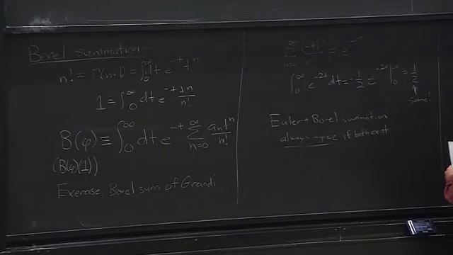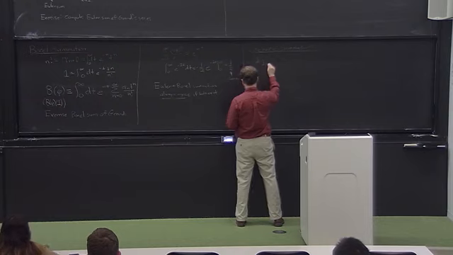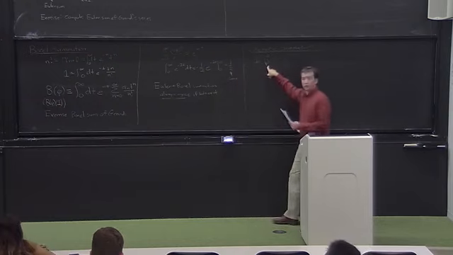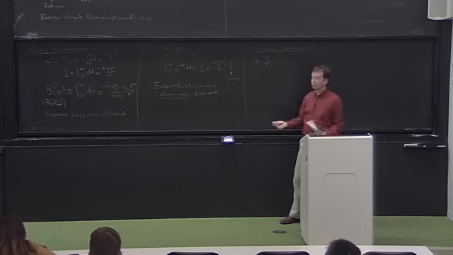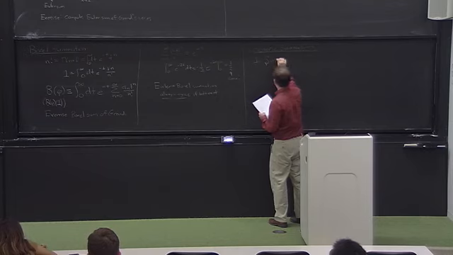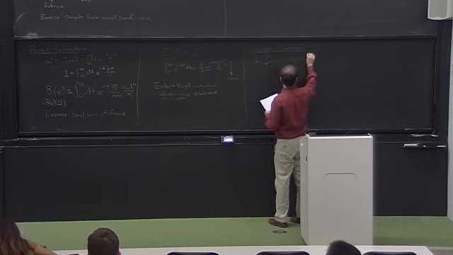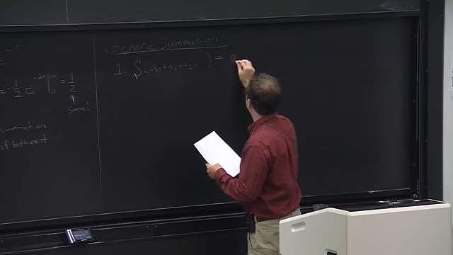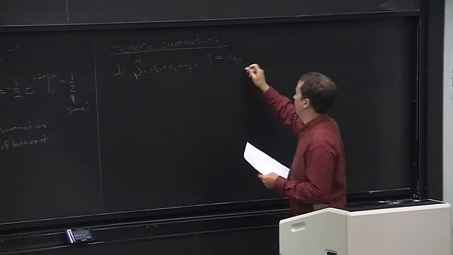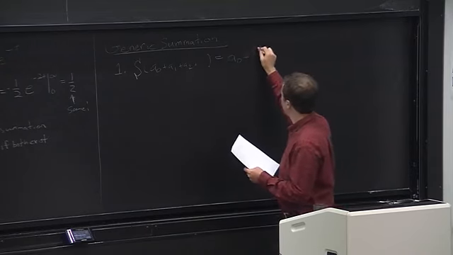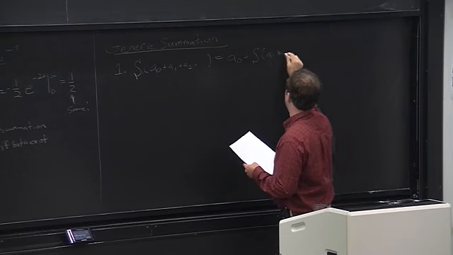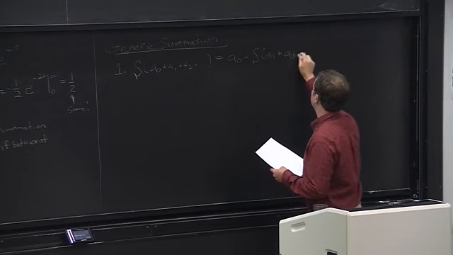So one property that would be nice for our summation procedure to have is that if we act with our summation procedure, or summation machine, on some series, it should give us the same thing as if we add the first term in the series to the summation machine applied to the rest of the series.